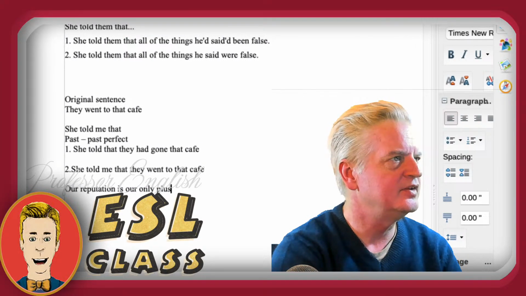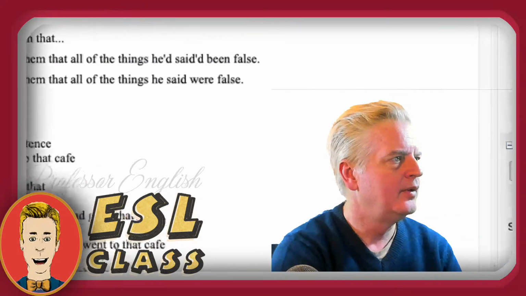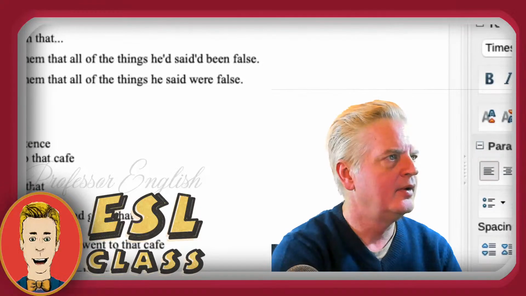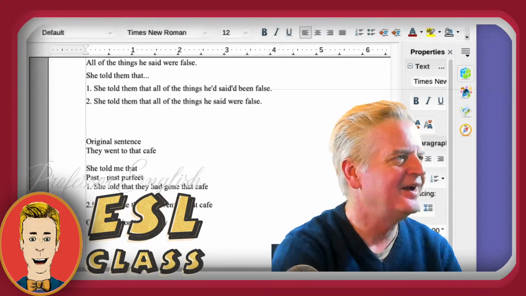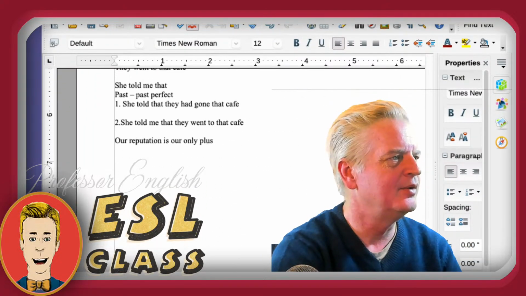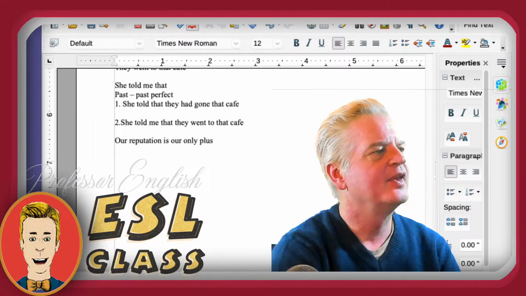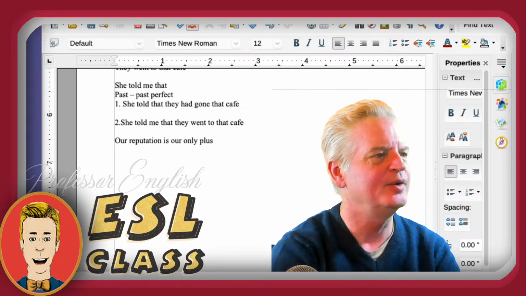Let me see if I can raise this up. Can you see that? That's horrible. Okay, I'm gonna zoom out. Try to move this up somehow. Oh, there we go. Our reputation is our only plus. That's what I was saying.